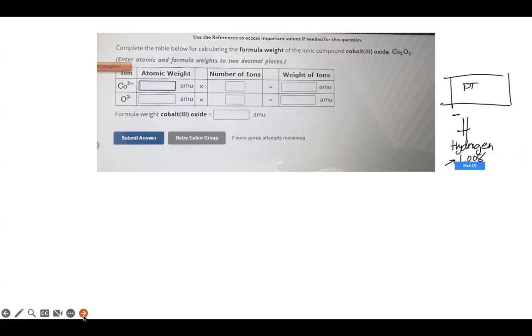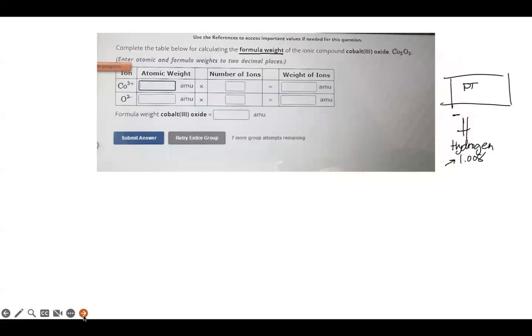These values are what we use for solving for molar mass, formula weight, molecular weight, or atomic weight. They're all the same thing.